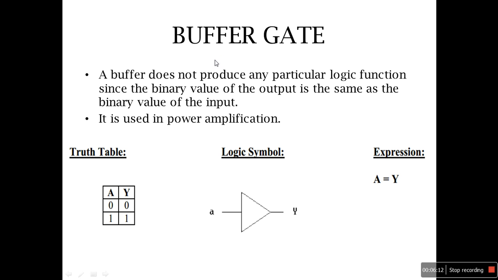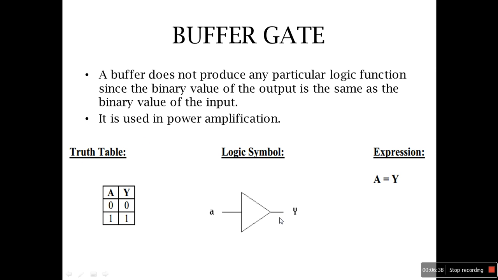The next gate is the buffer gate. The buffer gate produces the same output as whatever the input is. If it is 0 it is 0, if it is 1 it is 1. What exactly is the use of this particular gate? In a circuit, if the signal is going through multiple gates, there are chances that the value may increase or decrease.